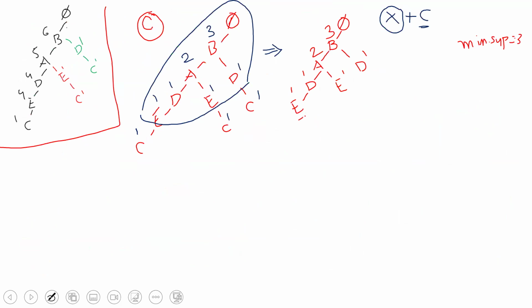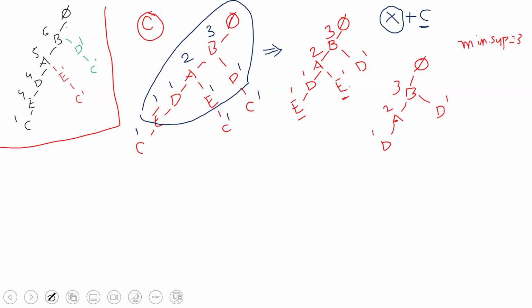So now calculate the counts of E. E is 2, right? So you have to ignore E. When we projected the tree onto C, the support of E is 2: 1 plus 1 is 2. So we have to ignore that. Once E is ignored, we go to D. The tree now looks like this: phi, B, A, D, and for B we have D. The counts of these are 1, 1, 2, 3.